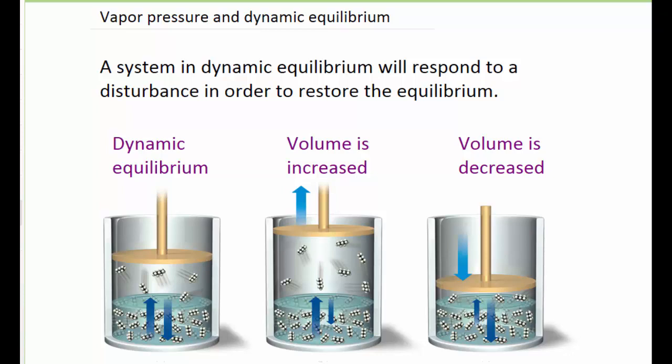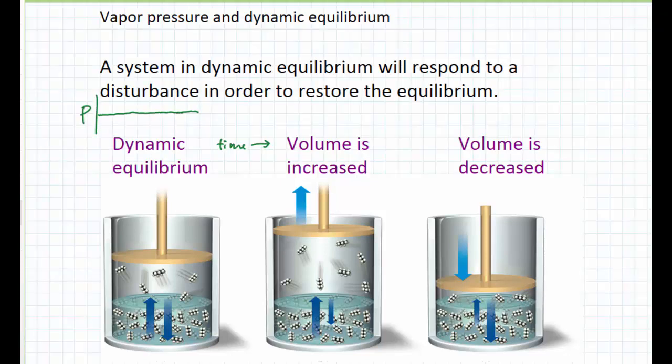So let's make a little graph right in this little empty space here. Pressure on this axis, and time going this way. If we're at dynamic equilibrium, the pressure is going to remain constant. But now, let's say this is a plunger that we can move, and all of a sudden we pull upwards on that plunger.